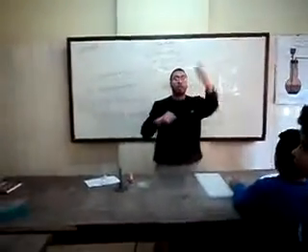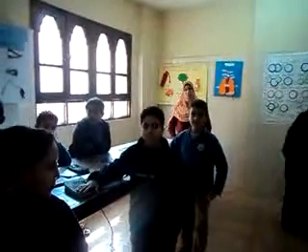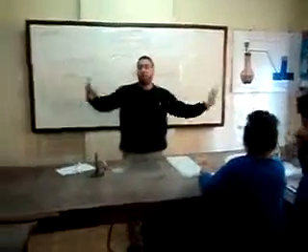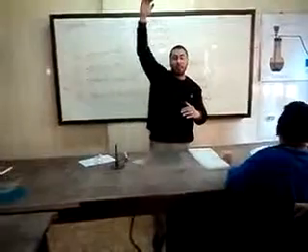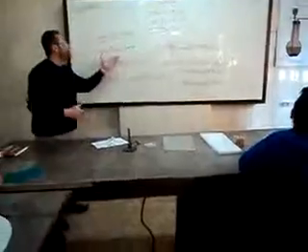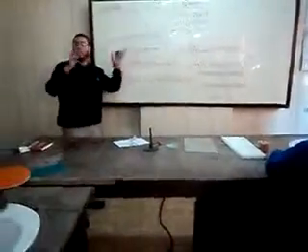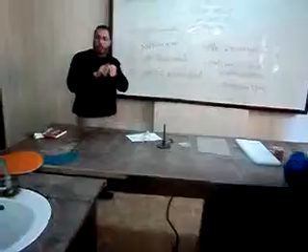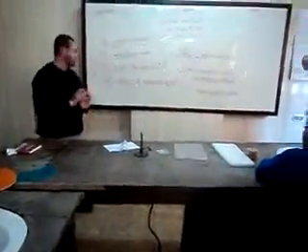Yes, Ahmed. To increase friction force. Excellent. Because the bird increases the surface area, so the friction force increases. And vice versa, when decreasing the surface area, the friction force decreases.